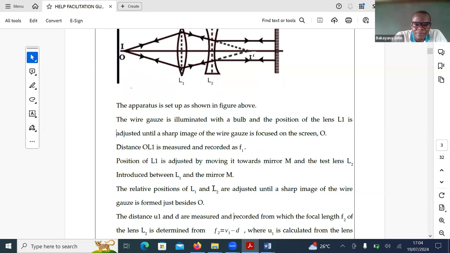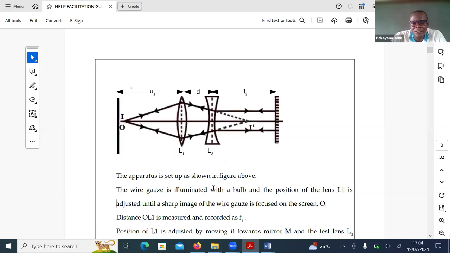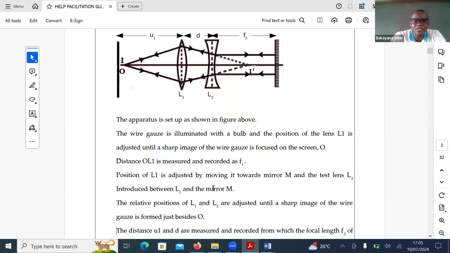I want to know whether those lenses should be combined or not, put together, without that distance D. The distance is necessary, but even without the distance, I think you can get the expected answer. But I was asking for someone to take us through the final step of how to get F2, the focal length of a concave lens.